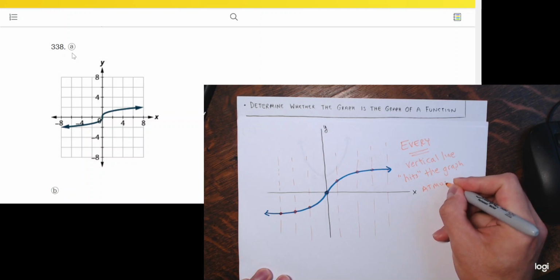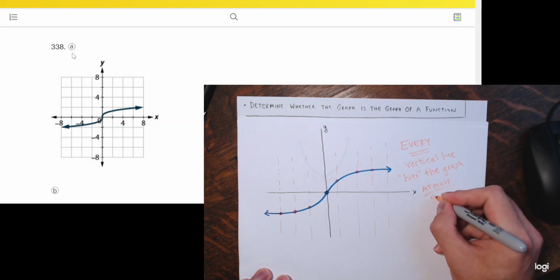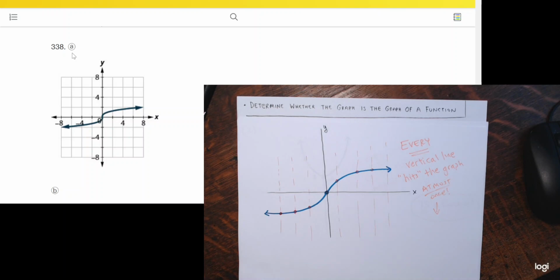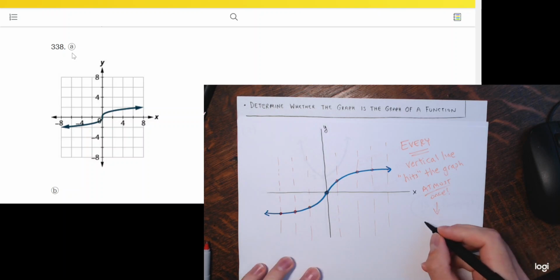And I'm not going to write this every single time here. But if that's the case, if every vertical line hits the graph at most once, then the graph is the graph of a function. That relation is a function.